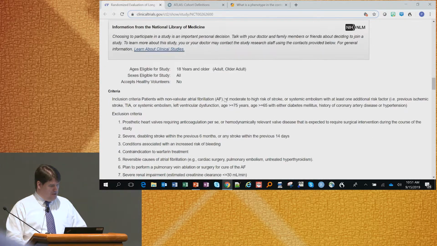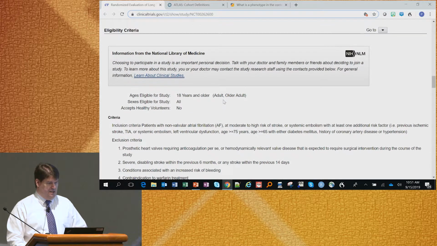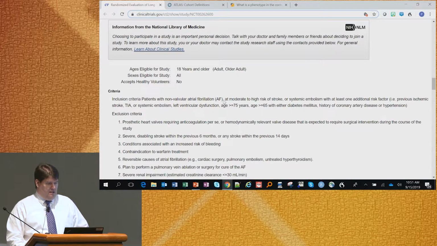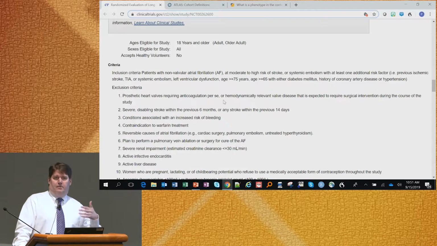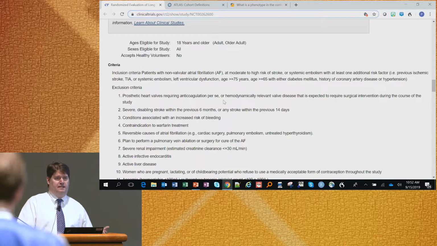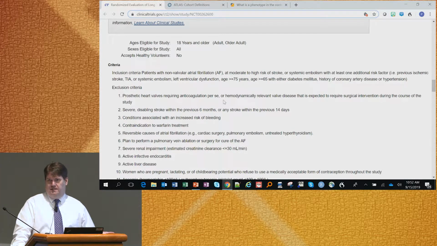I'm going to jump to the criteria for the study. As you recall, Patrick was talking about the moment in time that we're going to find the people to enter the cohort. If we were just trying to understand from a clinical research perspective who qualifies for the study, we would use atrial fibrillation as the index event, or the initial entry event, to determine who qualifies.